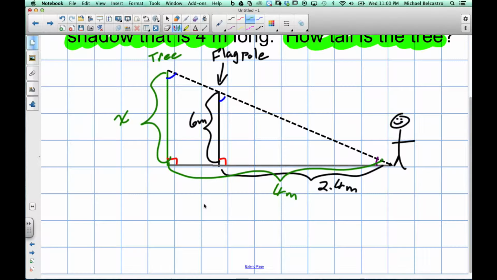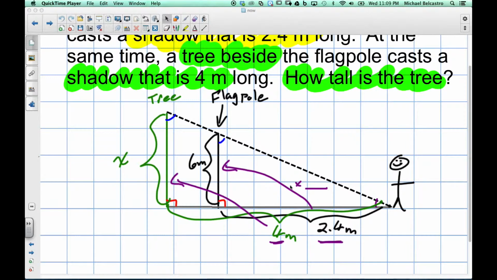So there's a couple of different relationships going on here. One of them is that, because these relationships are the same, we can use some number to go from 2.4 to 6. And that same number will take us from 4 to our unknown x, some factor. Because we're increasing, we're going to be multiplying by some value.